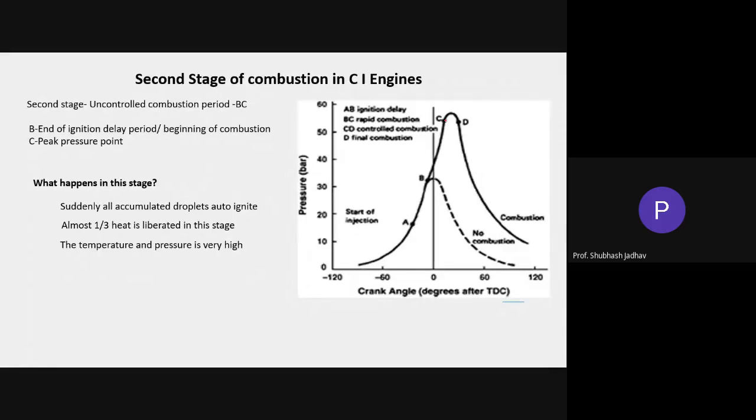So when we attain the maximum pressure, preferably simultaneously, we'll get the maximum temperature also. Some variation here and there, but obviously we can say this is almost at the same point. So temperature and pressure go very high in this particular stage.